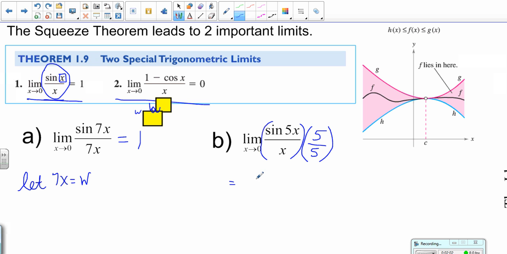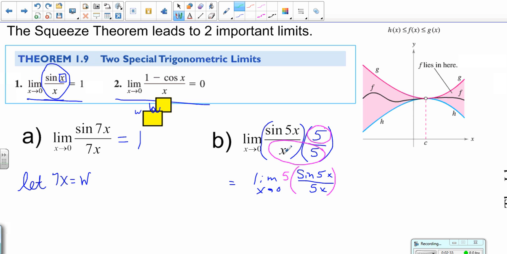Next step, I will have the limit as x approaches 0 of sine of 5x over 5x. What did I do there? I joined together these two on the bottom. I let those multiply. Now, I can't forget about this, can I? So I still have a multiplier of 5 on top. So I'd have 5 times, I'm going to think of this as a group of things.